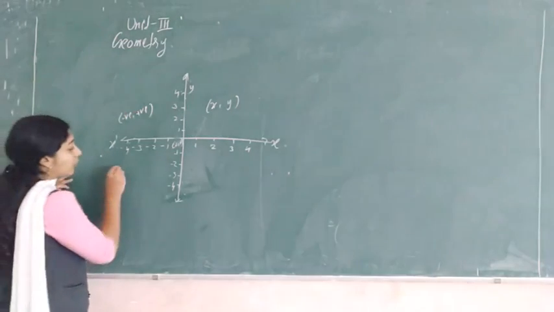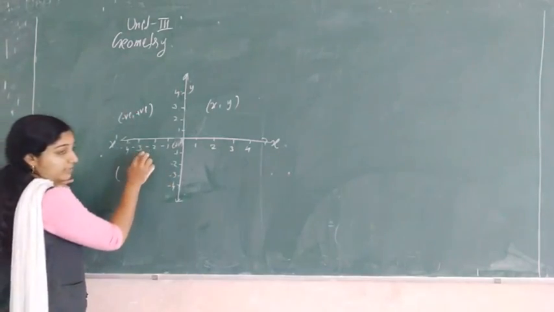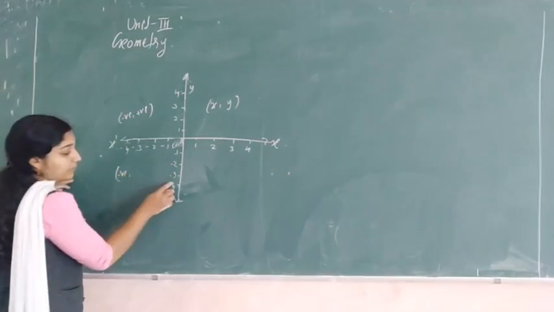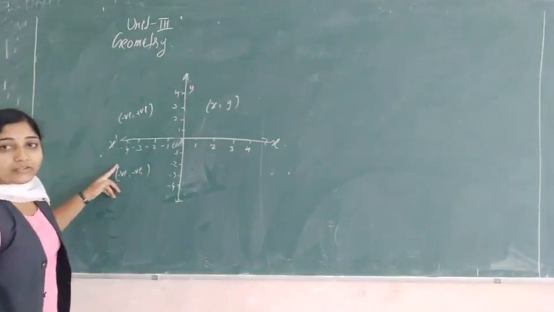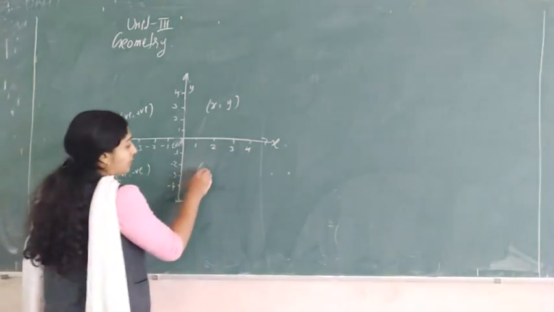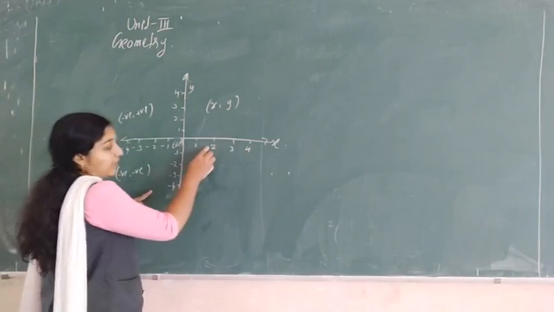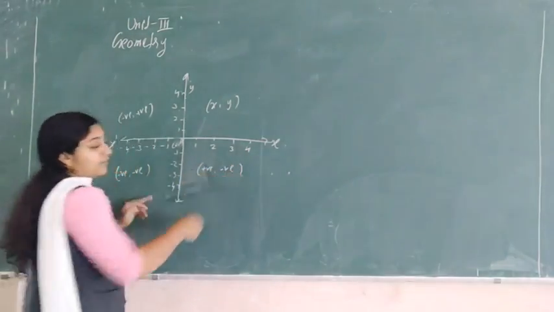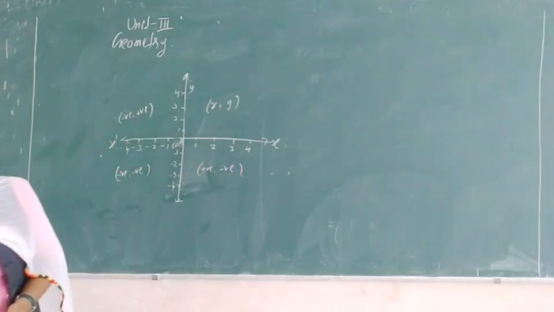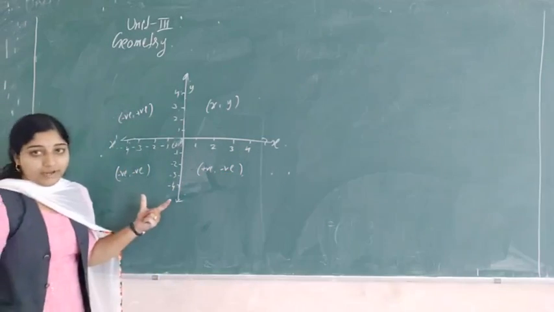In the third quadrant, the x value is negative and the y value is also negative. So here both values are negative. And in the fourth quadrant, x is positive and y is negative. So you will get positive and negative. Okay, but always consider the x value first.